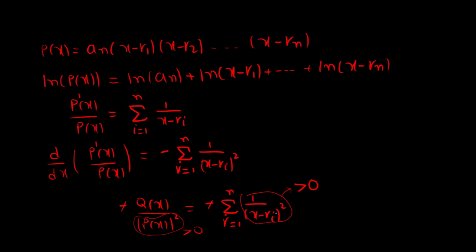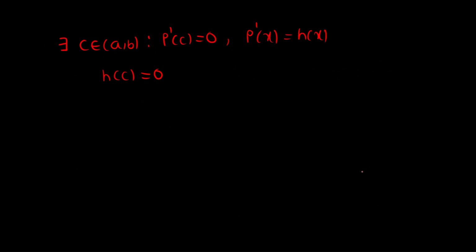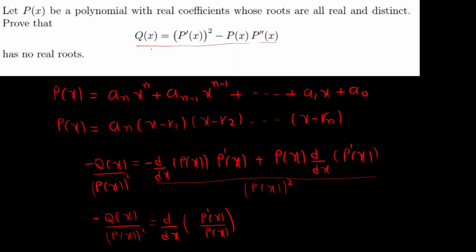To keep our equation defined, we don't substitute the roots of p of x, which will give us that p of x whole square is a strictly greater than 0 quantity, and this summation is also strictly greater than 0 quantity, which will imply that u of x is also strictly greater than 0, which means that it will never cross the x-axis in the whole real domain, which proves that q of x doesn't have any real root in the real domain.